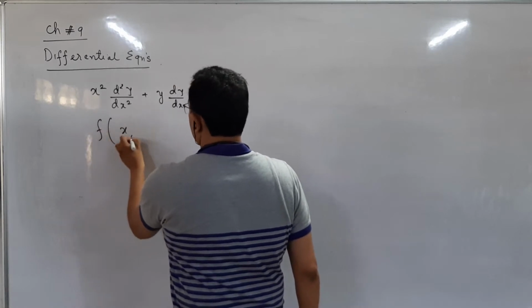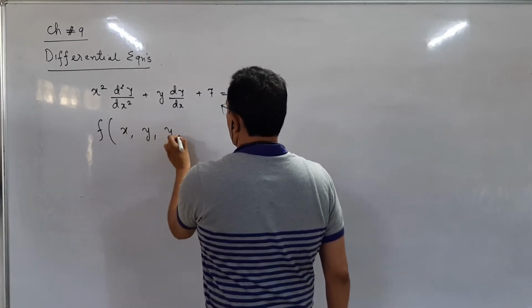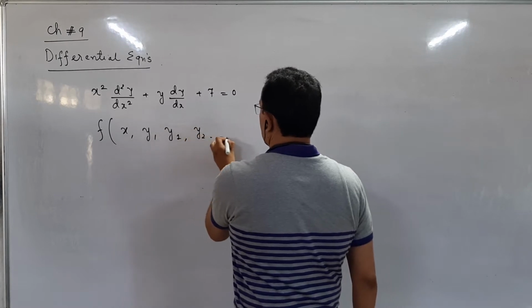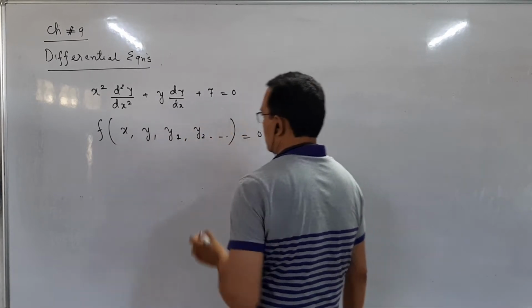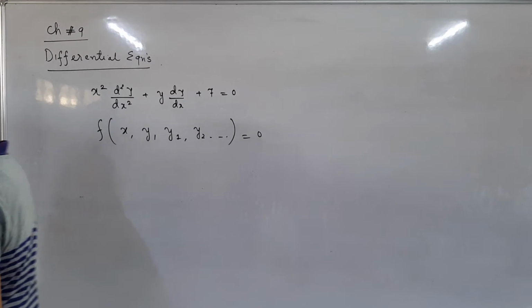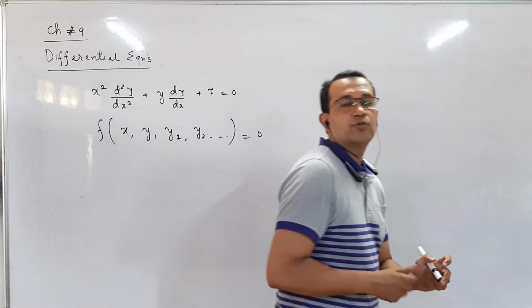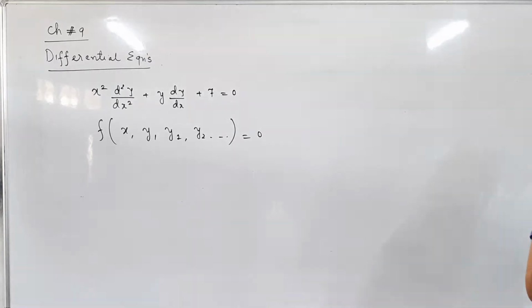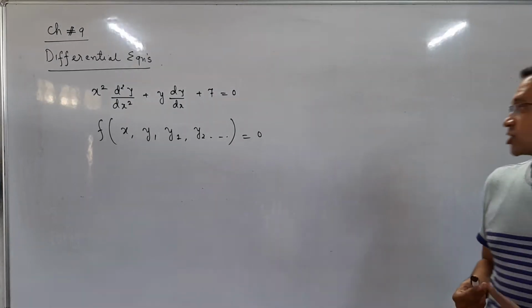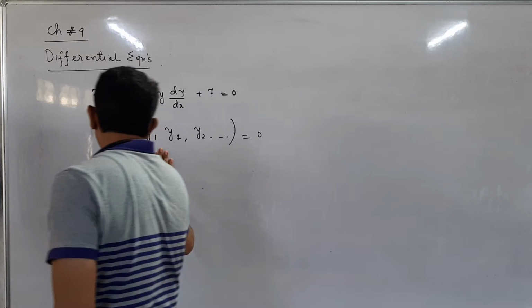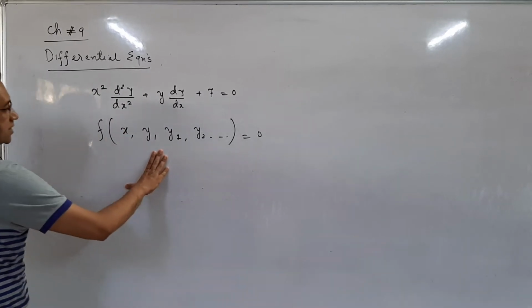Functional representation is f(x, y, y1, y2, and onwards) is equal to 0. It can have any ordered derivatives of y with respect to independent variable x. So this is the functional representation of a differential equation.